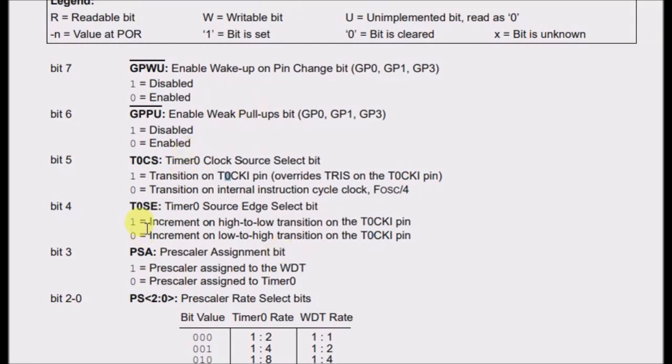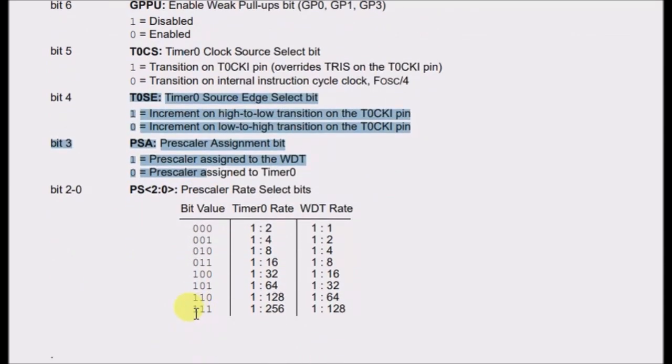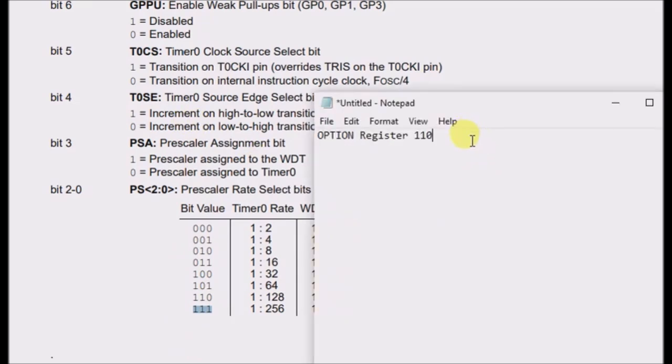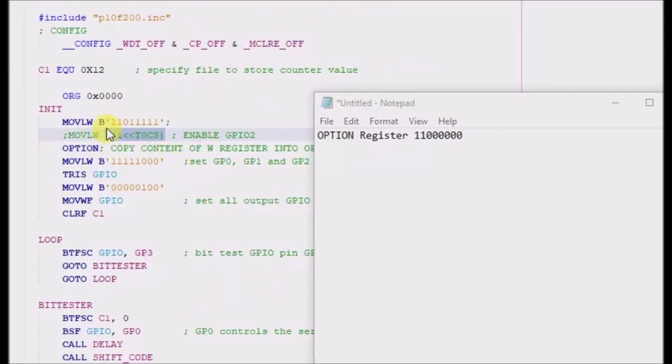And I haven't experimented or read the section of the datasheet which relates to the prescaler yet, so I don't know. What would I write to that? All ones, all zeros? Not sure yet. So I guess we could write bit 4 a 0, because it doesn't matter since this is a 0. And the prescaler, I don't know, what this piece of code was doing was pretty much this.